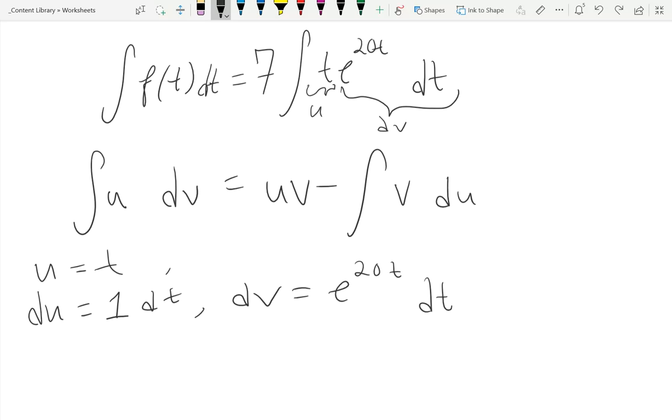Now I need to find the integral of that, and we already kind of know.